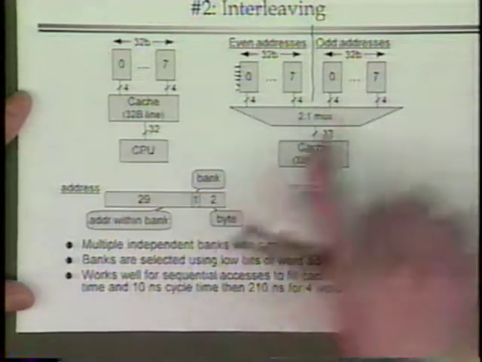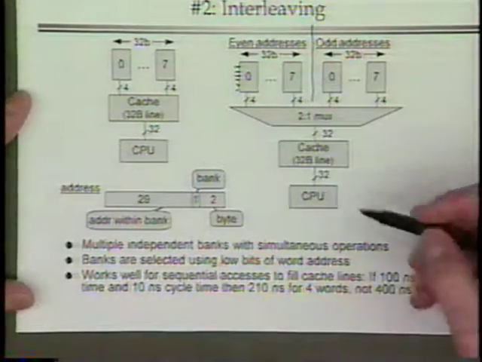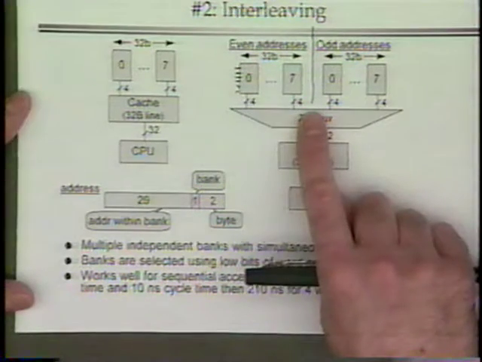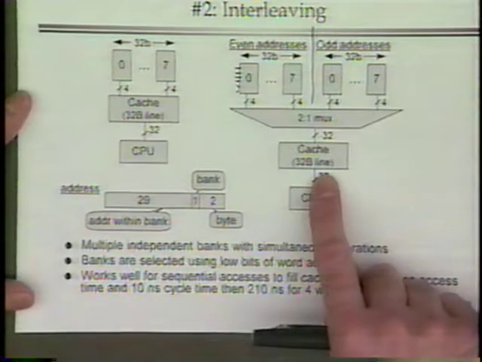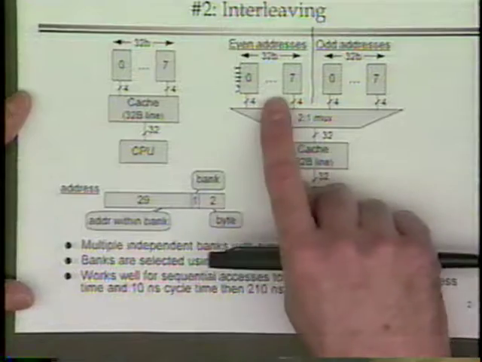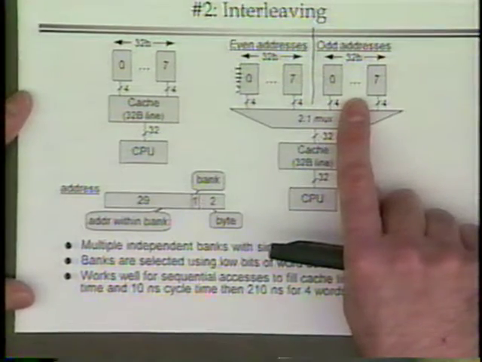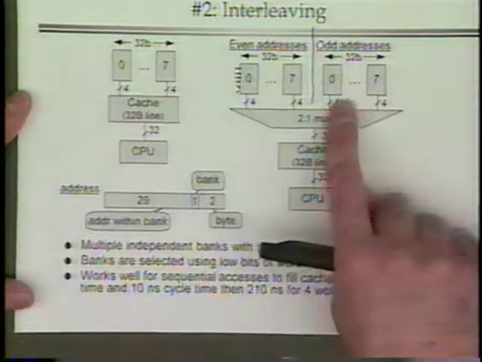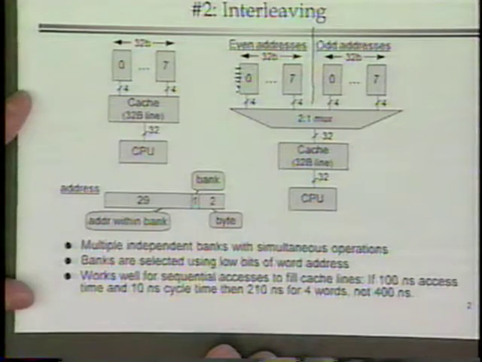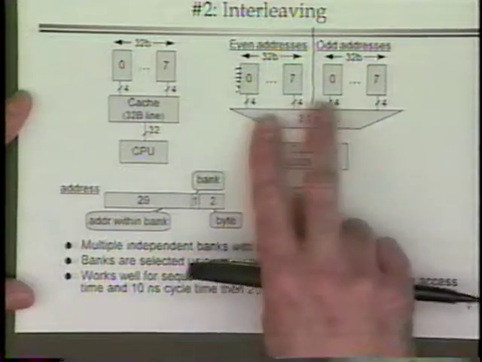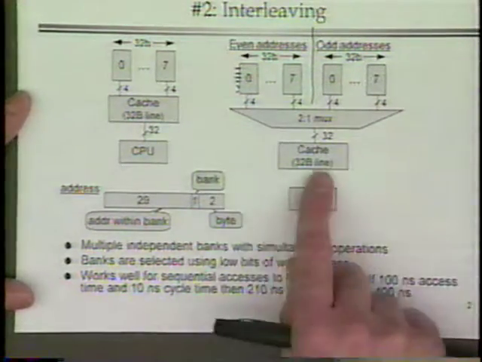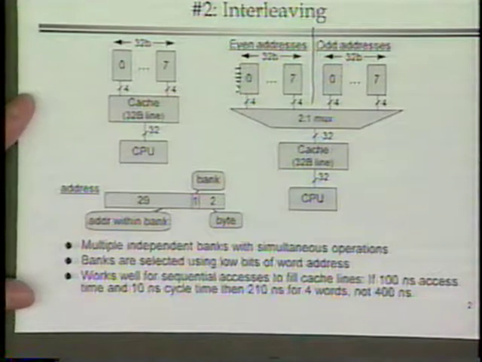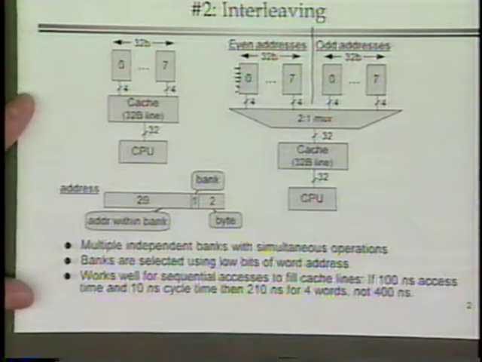The nice thing about this, especially if they're separate and independent banks, is that they can operate simultaneously. So if the cache misses, it can give instructions to both memories at the same time to fetch an even word and fetch an odd word, and to almost double the bandwidth into the cache for refilling the line.